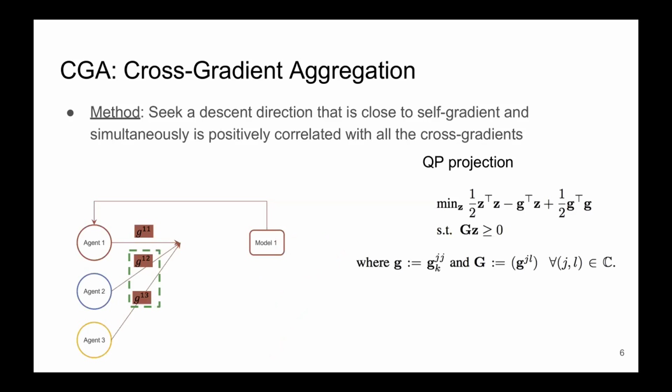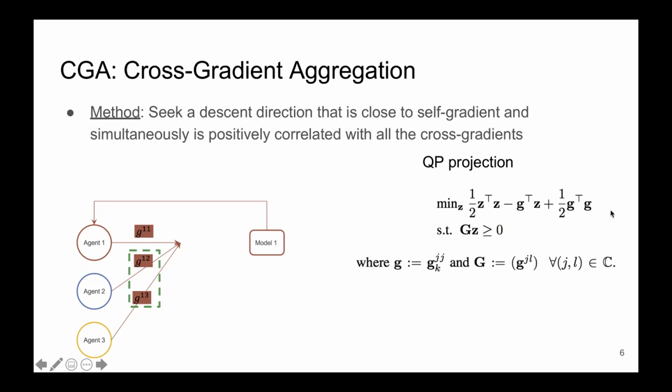They try to seek a descent direction that is close to the self gradient and simultaneously positively correlated with all the cross gradients.